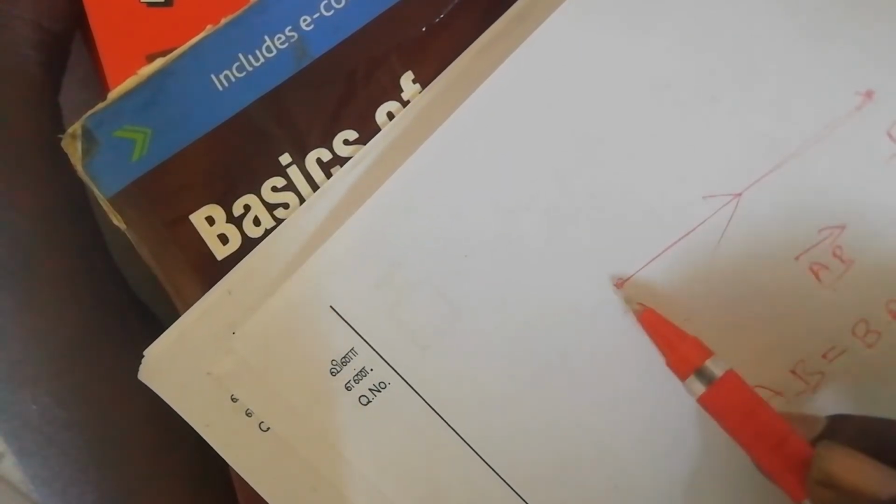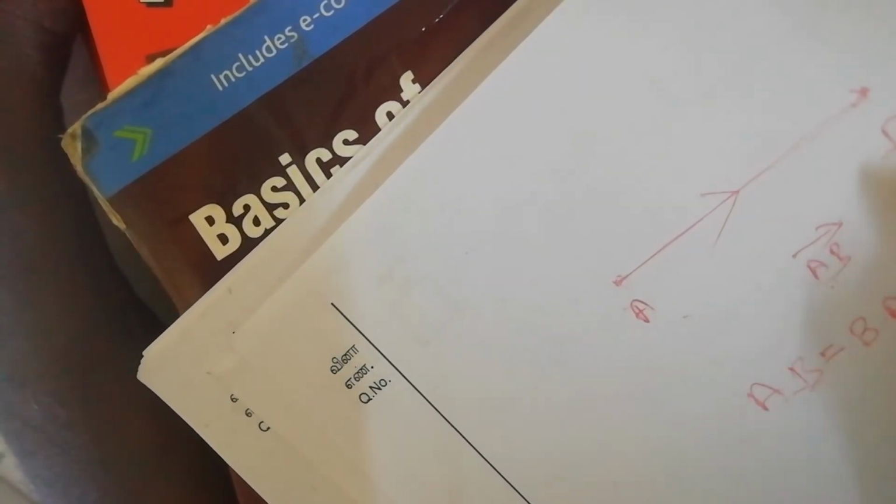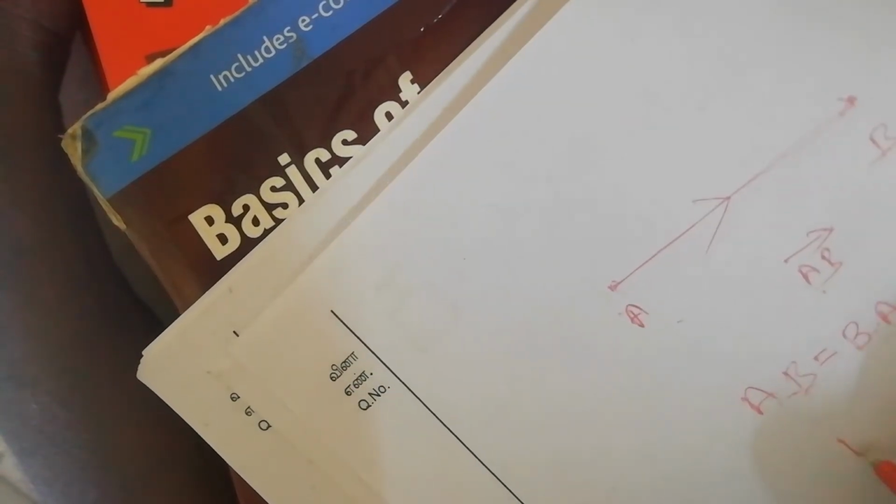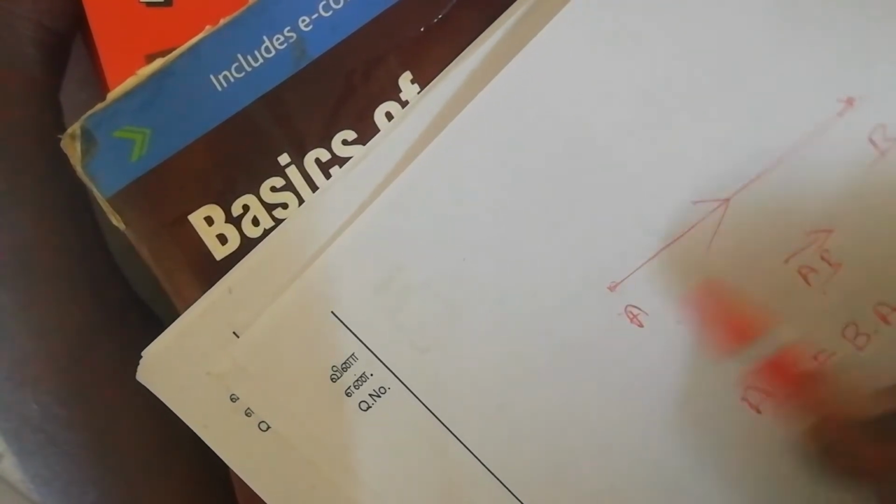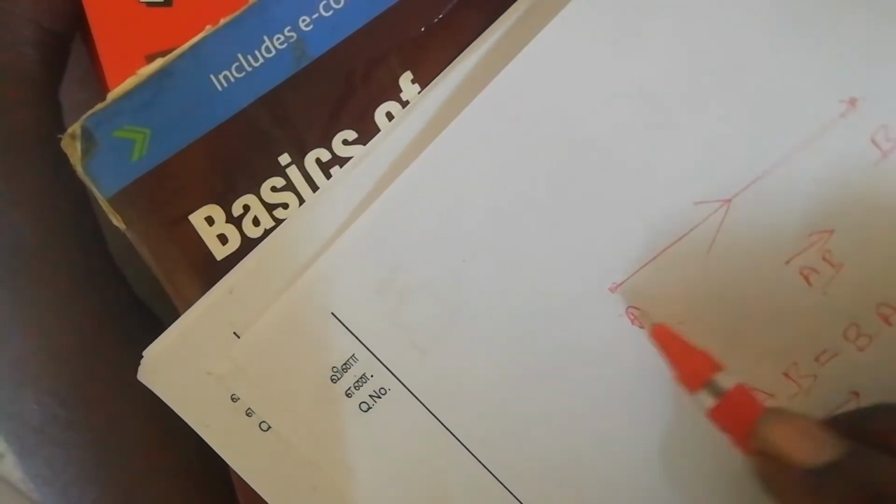AB means from A to B, and BA means from B to A. This direction is opposite, so these quantities are not equal. AB vector is not equal to BA vector. When will it be equal? We can put a minus symbol.